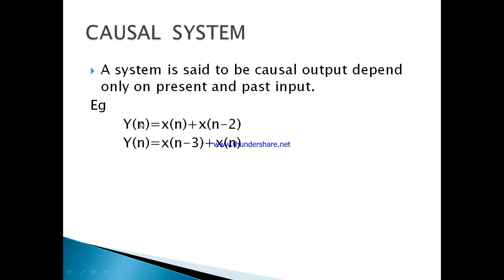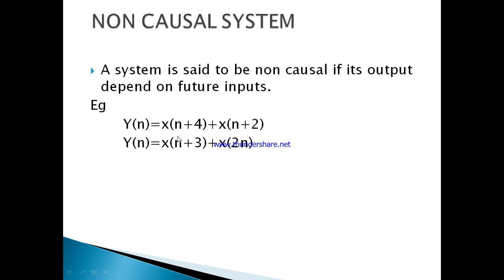Here y of n is the output, x of n is the present input, and x of n minus 2 is the past input. So this output depends on present and past input, so we are calling this a causal system. And the second function also depends on past and present input, so we are calling this a causal system. These are the examples of causal system.